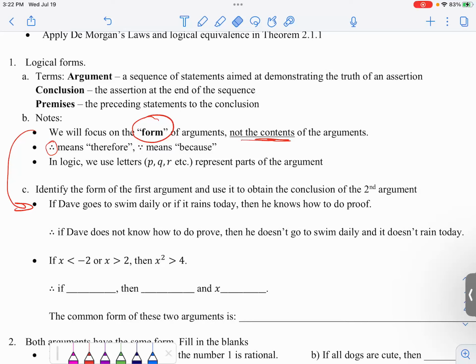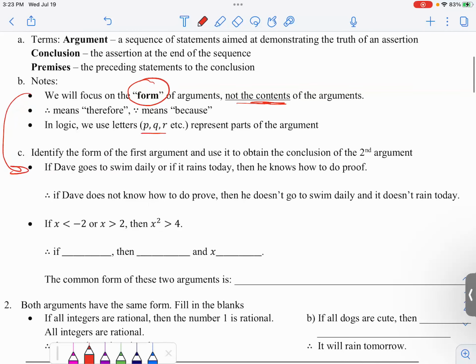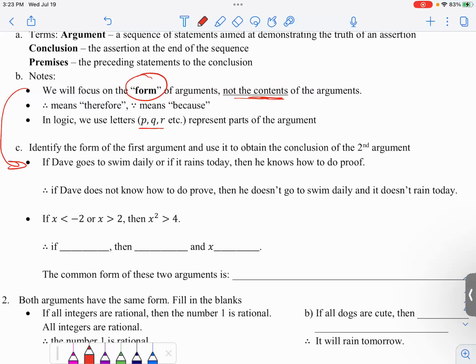So we'll be using those notations. In logic, we use lowercase letters to represent parts of the arguments. Now I'm going to begin with the first example, and then we're going to see how we actually identify the form and how we use letters to represent some part of the arguments.